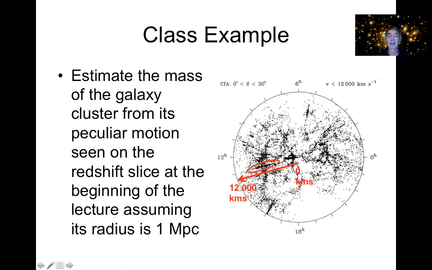And here just assume that R, the size of your cluster, has a radius of 1 megaparsec, just for the sake of argument. See if you can get an estimate of the mass of this particular cluster here, the one that had the very large distribution of velocities, to give you an idea of how that works. And if you work it out in solar masses again, that would be useful.